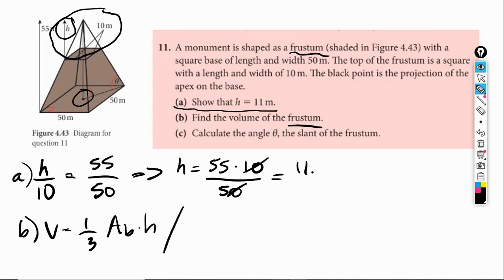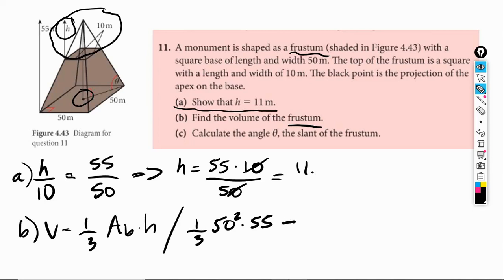So in this case, we're going to have to do a subtraction. So we're going to subtract the major volume, so 1/3 area of the base, which is going to be 50 times 50, or 50 squared, times the height, which is 55. So that would be the whole pyramid, but from this we have to subtract the top.